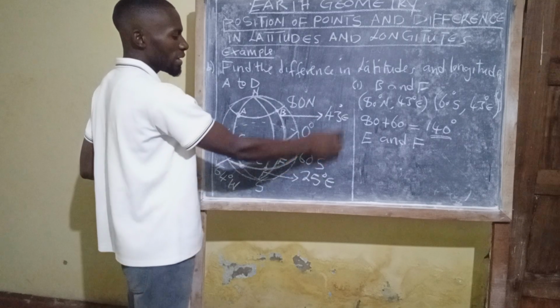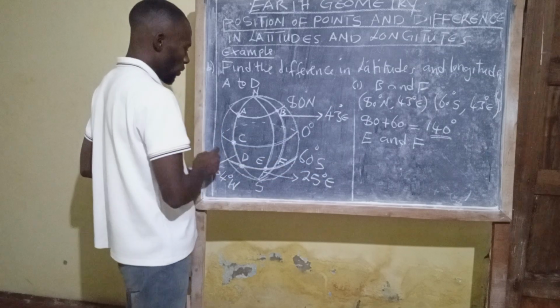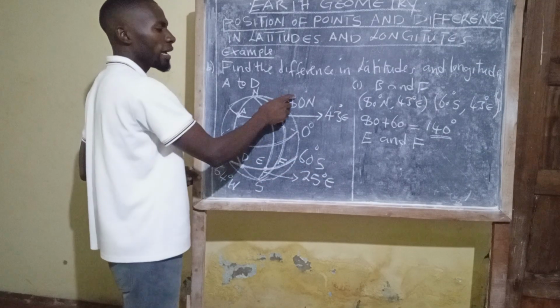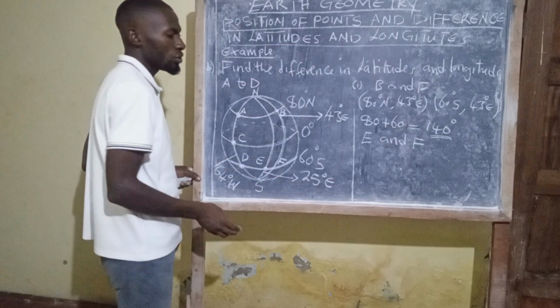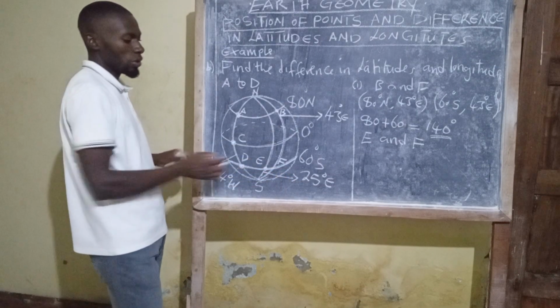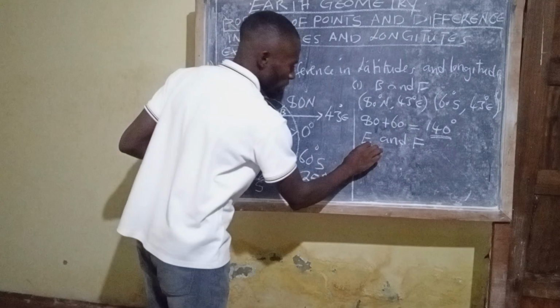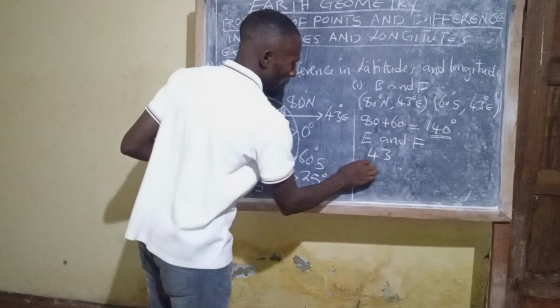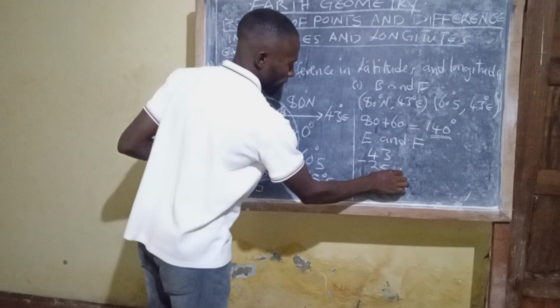Both of them are in east, and we said if both of them are either in east, or either in west, or either in north, or either in south, what do you do? You subtract. So in this case, we are going to subtract our longitudes, which we are going to have 43 minus 25.